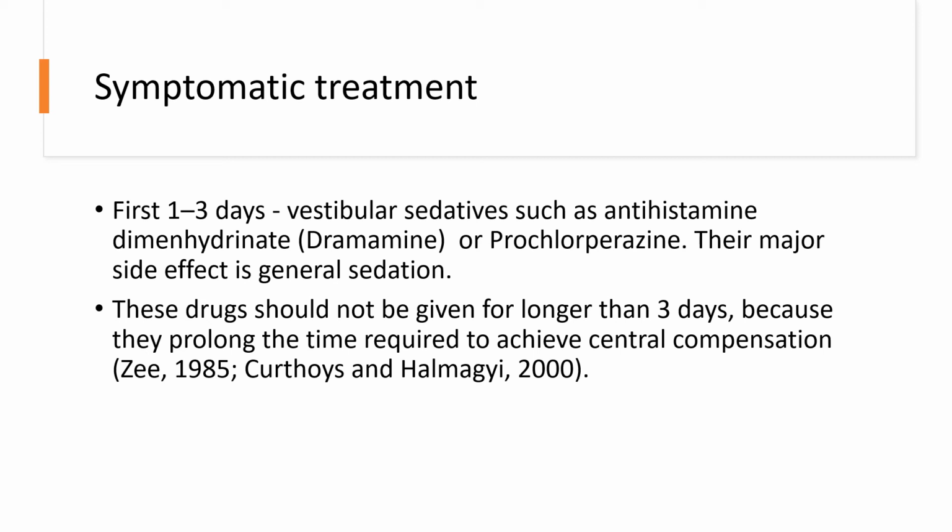However, their major side effect is general sedation. Also, these drugs should not be given for longer than 3 days because they may prolong the time required to achieve central compensation. I have seen many patients come with chronic vertigo because they have been on vestibular sedatives for too long.